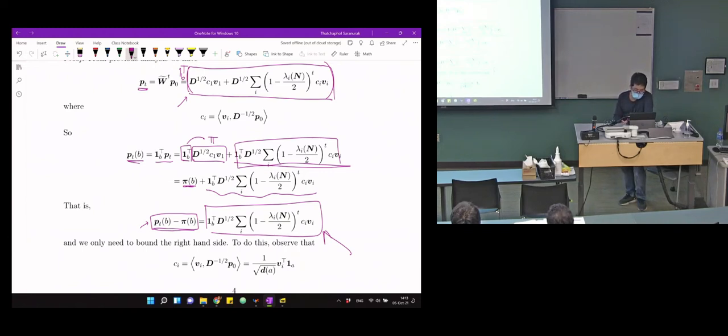But so, forget the hairy expression, but you can see that this whole thing depends on this expression, and each of the terms here, each of the terms lambda_i, is at most lambda_2, 1 minus lambda_2 over 2 here.